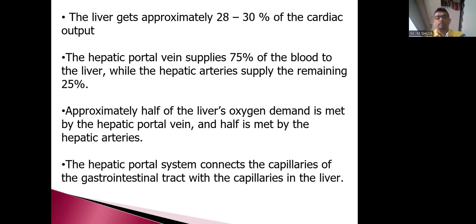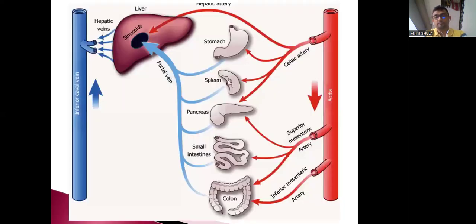The hepatic portal system connects the capillaries of the gastrointestinal tract with the capillaries in the liver. So this you can see, there's the gastrointestinal system. When there's blood supply, the drainage of blood from these into the liver is via the portal vein. It goes through the liver to the inferior vena cava.